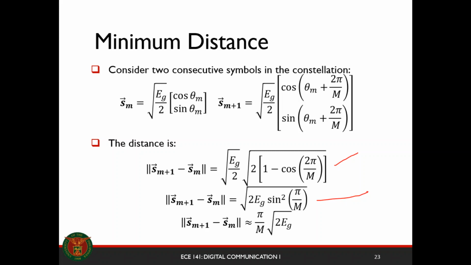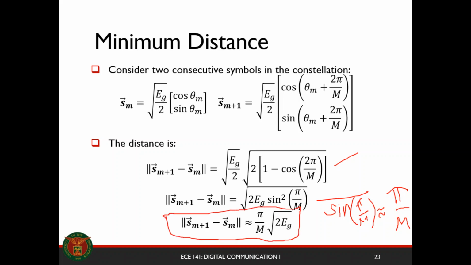If M is sufficiently large, maybe around 8, we can approximate sine pi over M to become approximately pi over M. And we have this simple expression for the minimum distance between two symbols. This is your PSK.